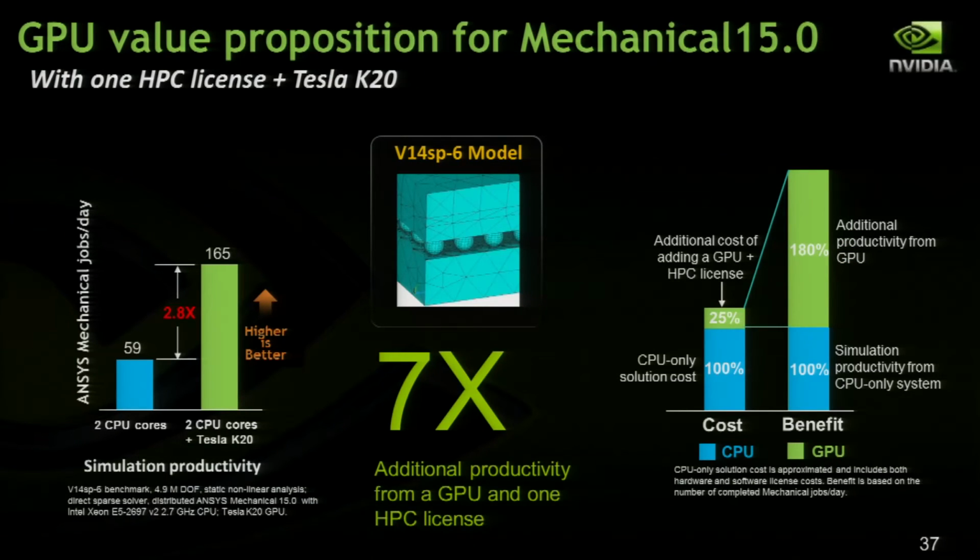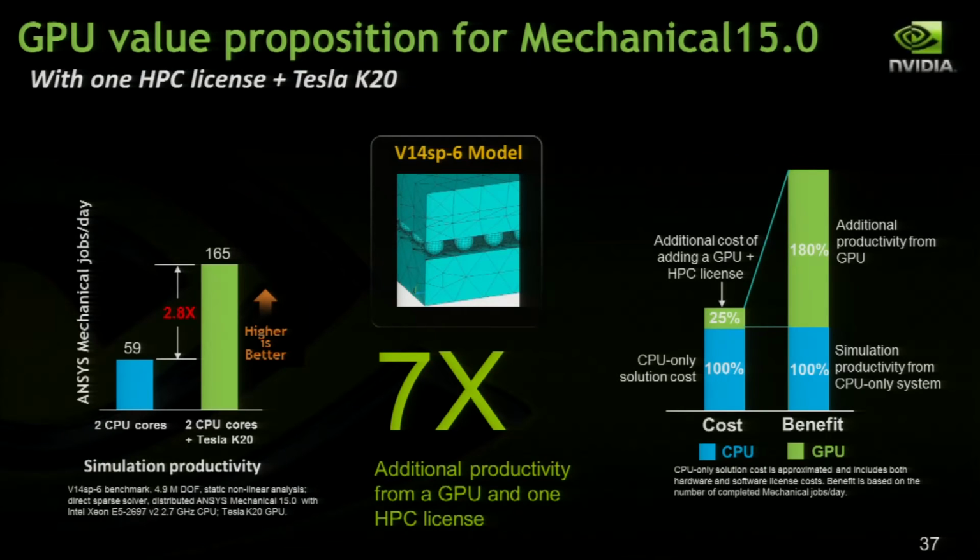And what about the value proposition? I showed you the acceleration. So I'm picking another model, the V14SP6 model, to explain the value proposition. When you run it on a base license, you could do 59 jobs per day. And when you added a Tesla K20, you have 2.8x more productivity from your system.